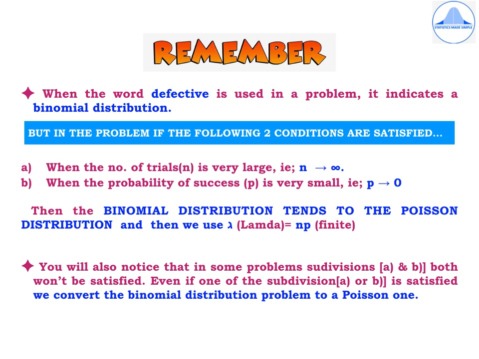So when in a problem the word defective is used, please listen very carefully, you know that it is a binomial distribution problem. So what is the next step? You have to identify the 2 parameters, that is n and p. Now, if n is very large, that means even if n crosses the value, say 9 or 10, we assume it to be large.